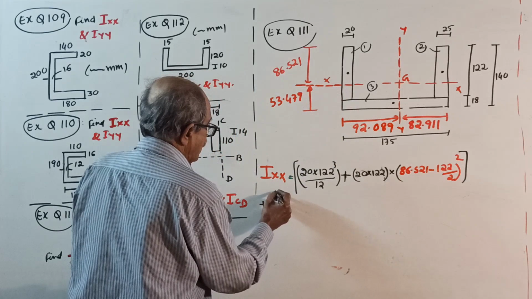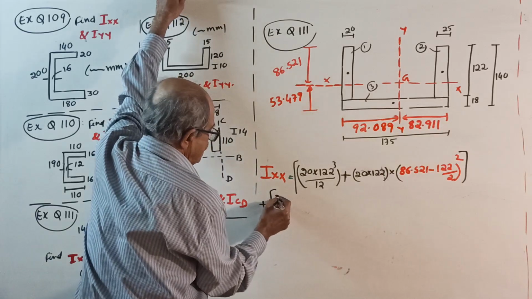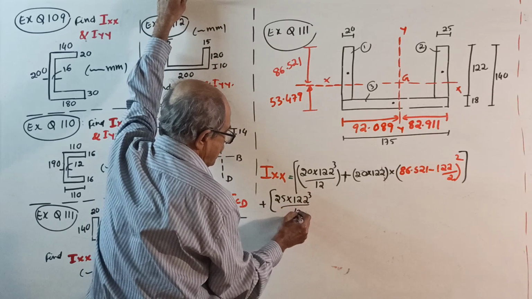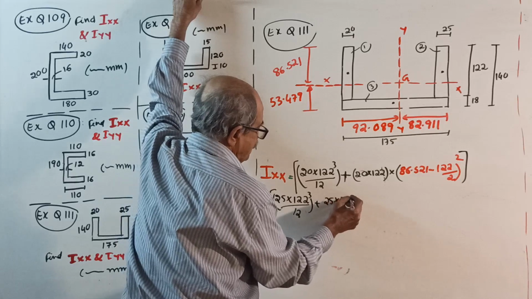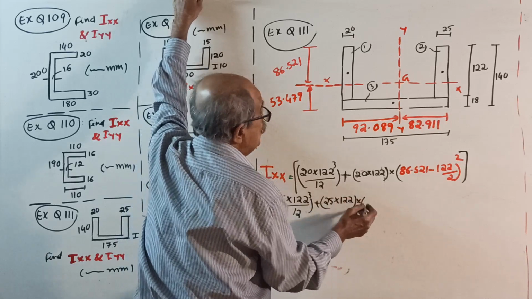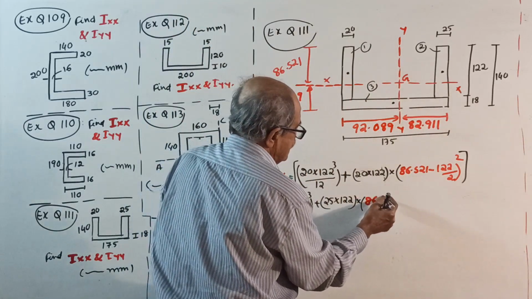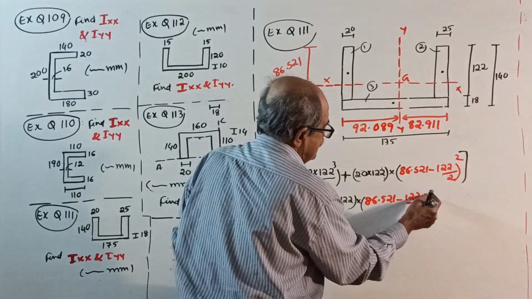Plus second one: 25 into 122 cube by 12, plus 25 into 122 is the area, into, once again the same, 86.521 minus (122 by 2) whole square.